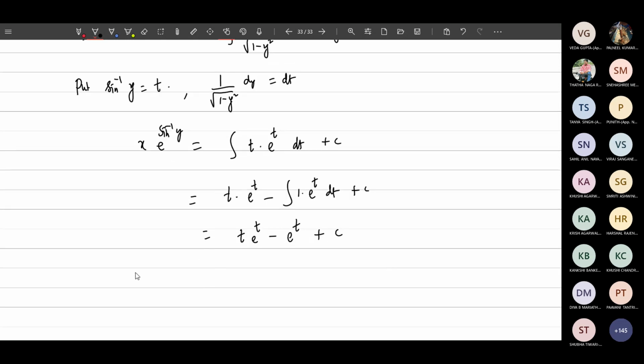T is sin inverse y. This means x e power sin inverse y equals e power sin inverse y, since e power t is common, into sin inverse y minus 1, plus constant of integration.